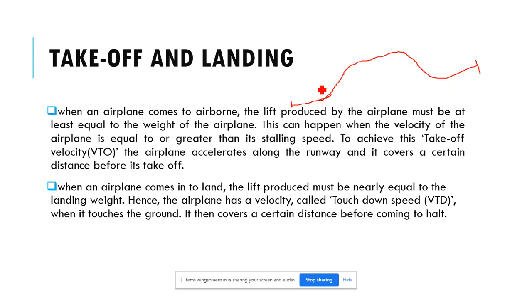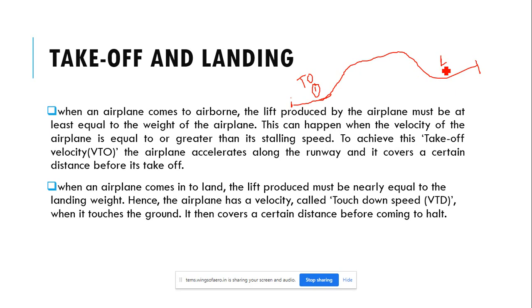Takeoff is after the ground run. The first mission is the takeoff. And after descent, the last mission we have is the landing. That's why we are learning about takeoff and landing.